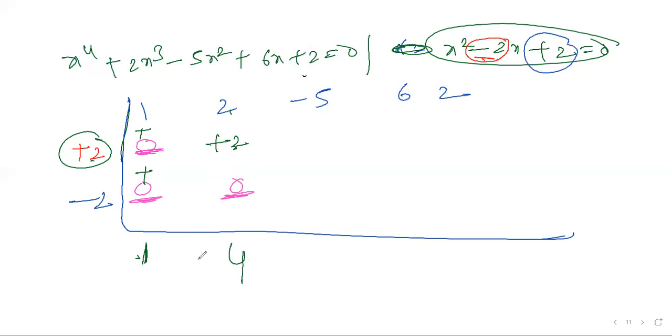This line is clear. Okay? Next, +2 into 4 is 8. So, -5 plus 8. Is this line clear?